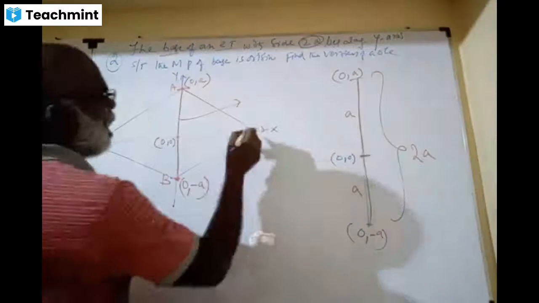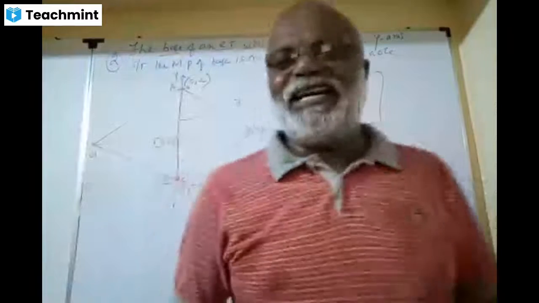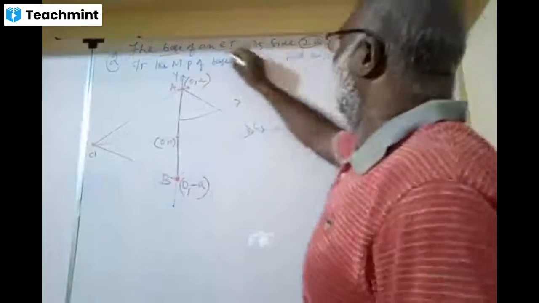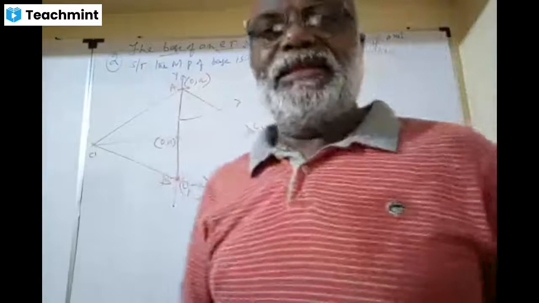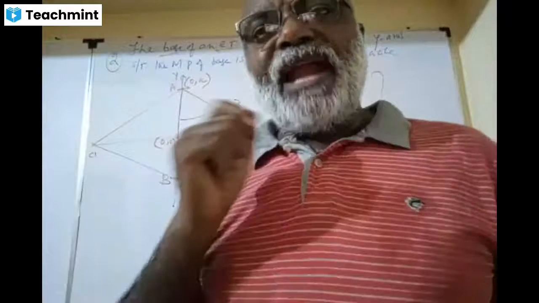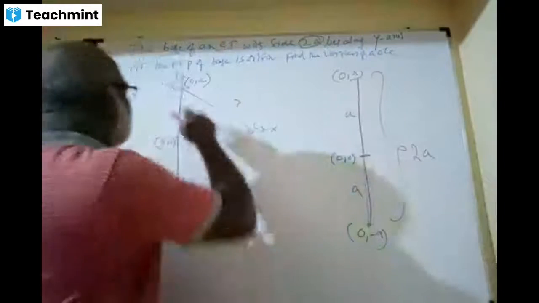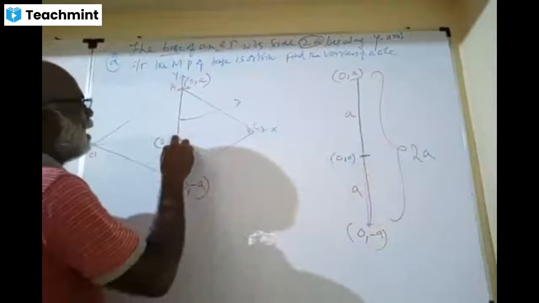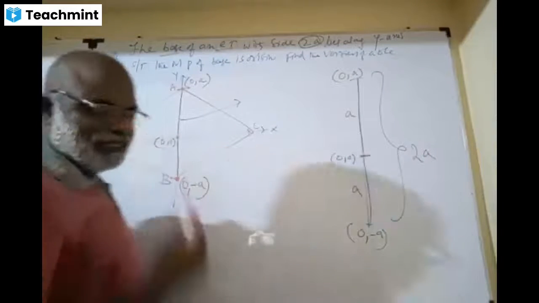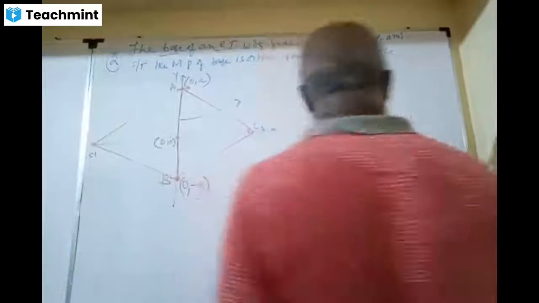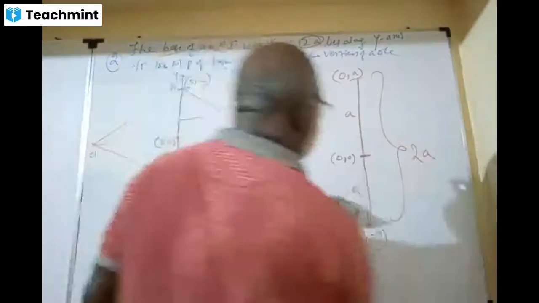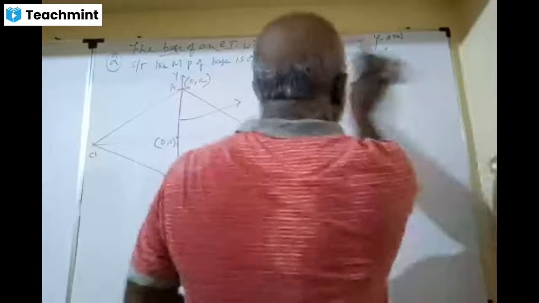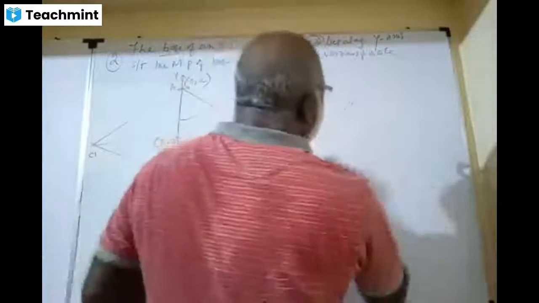But how do I know this? Please understand one beautiful story of the equilateral triangle. If the origin is the midpoint of the base, let me show you. This is my equilateral triangle.